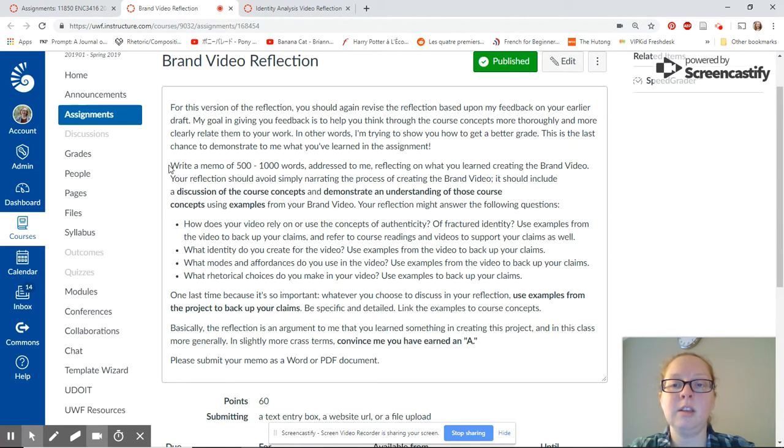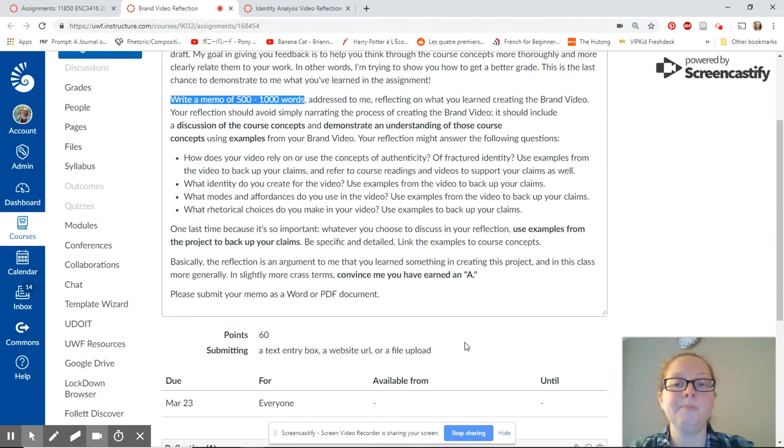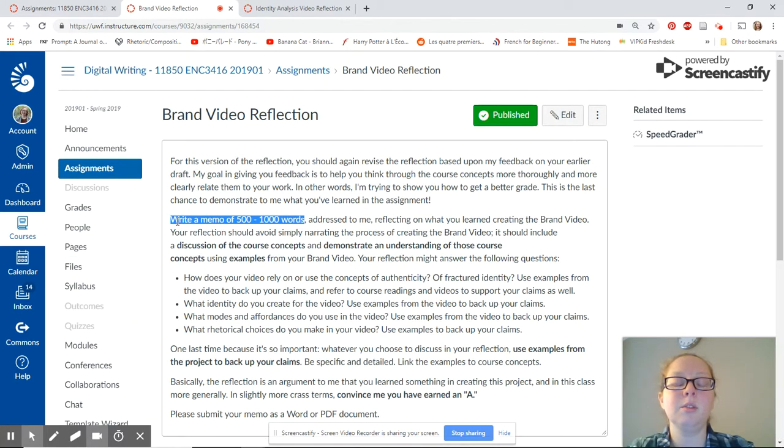I realized that at some point I edited the length requirement in this part of the assignment and not in the rubric. The assignment says write a memo of 500 to 1,000 words. So you can write only 500 words if that's all you've got time to write.